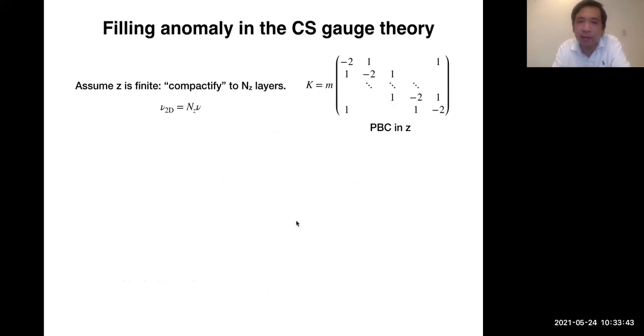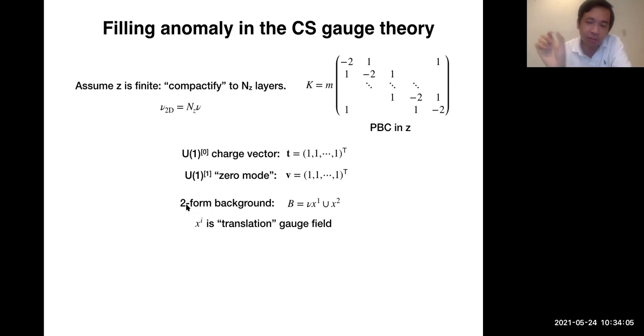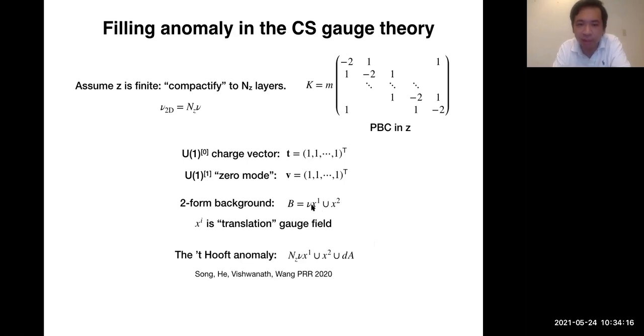We can show that when we take this particular Chern-Simons theory, assuming there's only a finite number of layers, you can correctly describe the filling anomaly using this U1 cross U1 symmetry. Once you choose a particular two-form background, and once we turn on some gauge fields for the translation symmetry, which also has this mu in it, the total anomaly encodes the filling factor of the system.